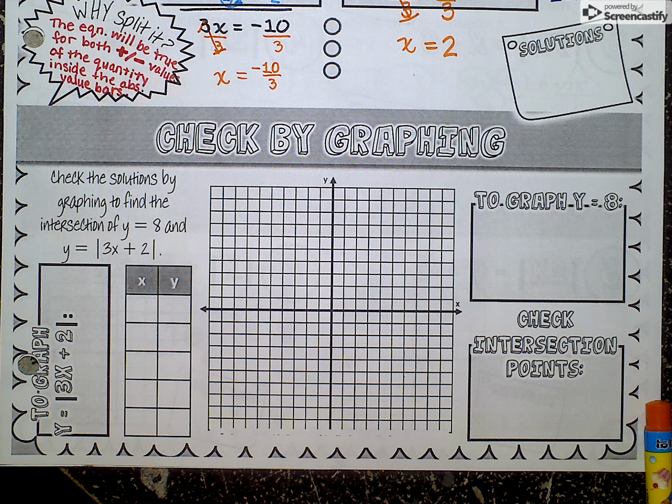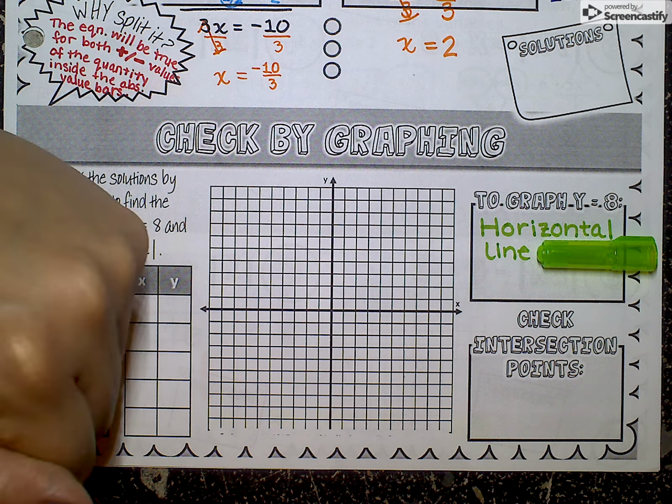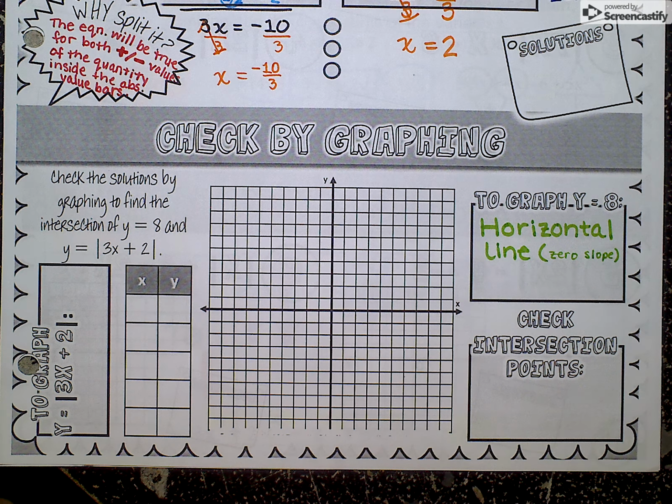That would create a horizontal line, of course with a zero slope, that crosses the y-axis at 0, 8. So let's go ahead and draw that 0, 8 right there, and of course a horizontal line for y is equal to 8. That was the easy one.